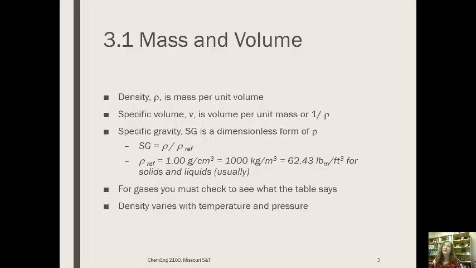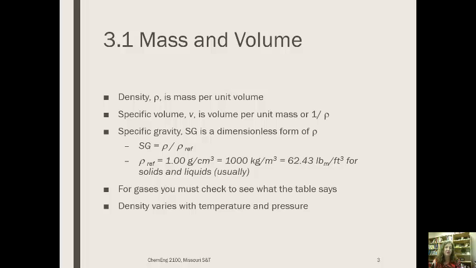Then one other kind of variation on this is specific gravity. Specific gravity is frequently listed in data tables. It's just simply a dimensionless form of the density. Specific gravity is the density divided by the density of some reference substance. Now, this is going to vary from time to time.